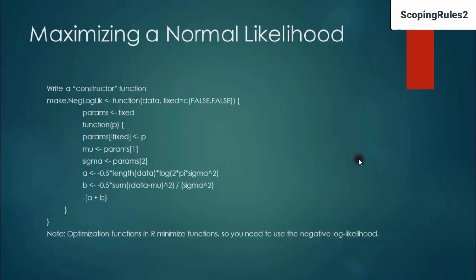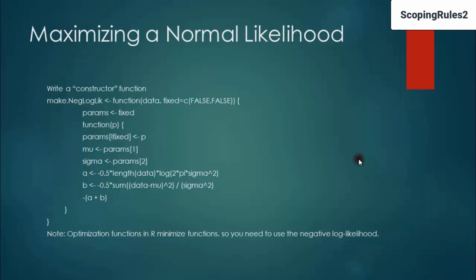Within this you'll have an inner variable called params, where you pass the fixed boolean variable into params, and you create one more function of p, in which params[!fixed] is equal to p. Again there are two variables, mu equal to params[1] and sigma equal to params[2]. This is how you create a normal likelihood.